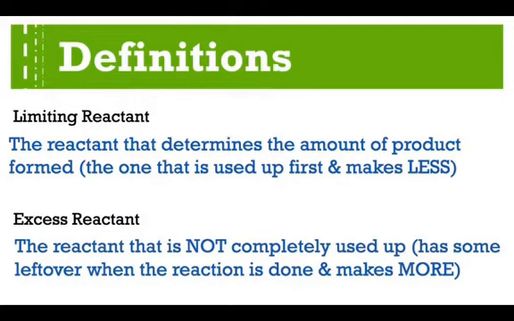So we're going to use those to work 2 problems, but the smaller answer is always going to be our real answer, because that bigger answer is not actually possible when we mix those 2 things together. This limiting reactant is the one that's going to determine how much stuff we can make, because it runs out first. It makes the smaller number of pancakes.